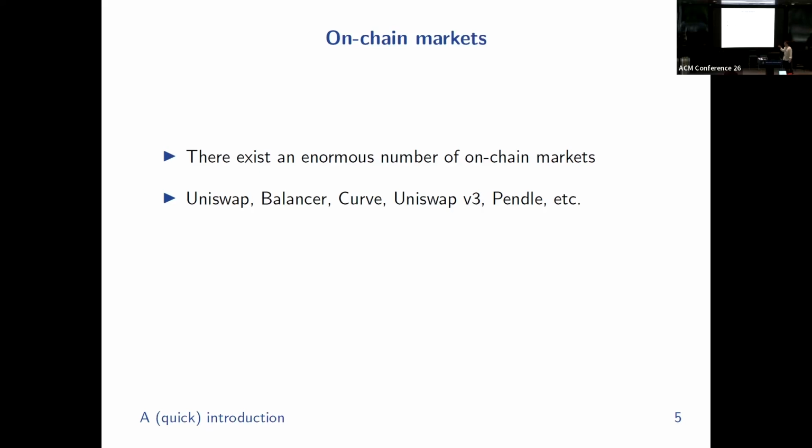There's Uniswap, there's Balancer, there's Curve, there's Uniswap v3, there's Pendle, and so on and so forth. The one important thing, which is quite unexpected, I think, to a lot of people in finance and economics that are not familiar with blockchain concepts, is that essentially all of these things are not order books. They're not the standard traditional financial instruments that one uses for exchange. They're organized as these constant function market makers.